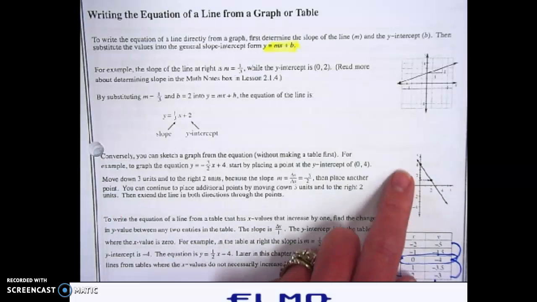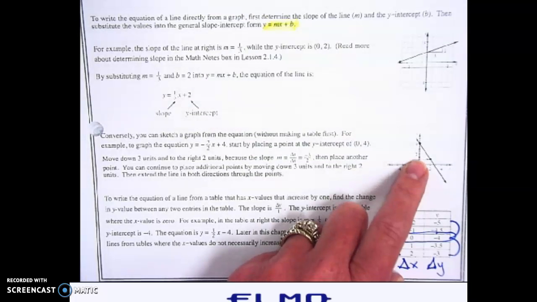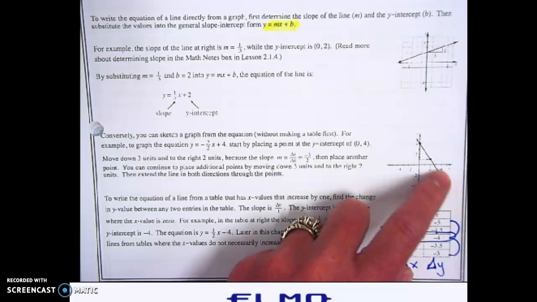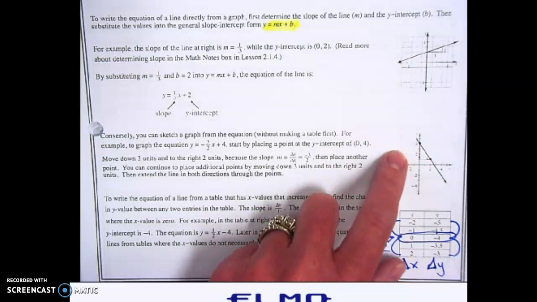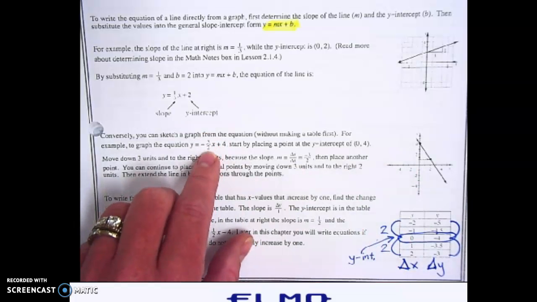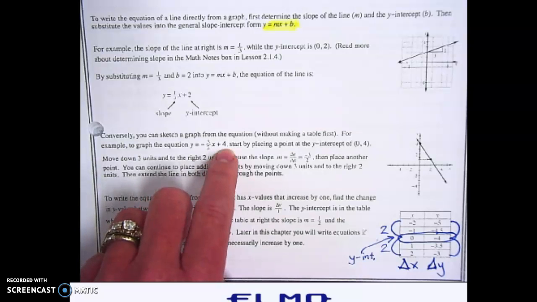All right. So in this picture over at the right, they've drawn a line. Notice that they extend it to the edges of the coordinate plane. If you take this equation, you can make a T-chart, but you don't necessarily need to. Why? Because they give you all the information you need.